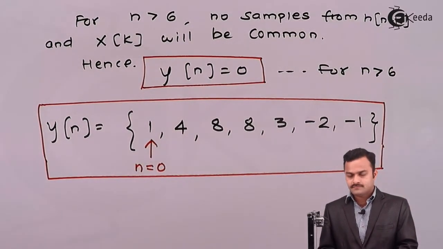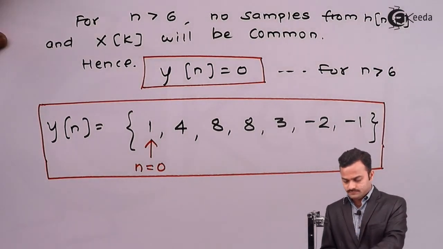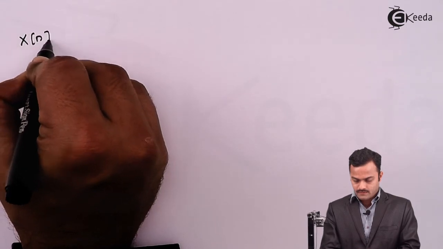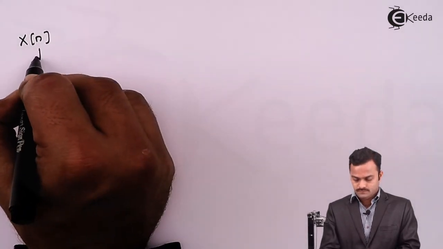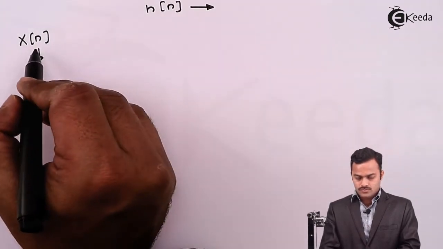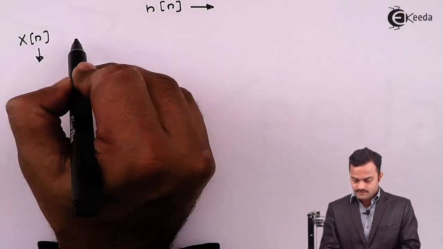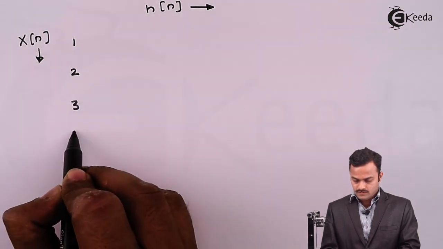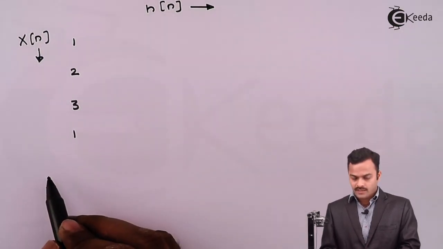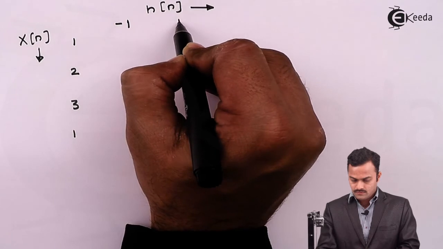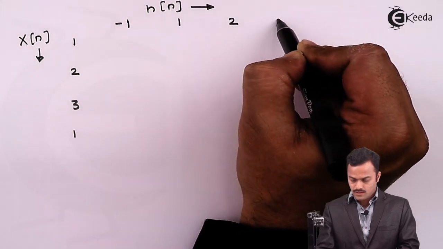Let's verify it with a matrix method. So what I will do, I will consider x of n in this column and h of n in this row. So x of n has 1, 2, 3 and 1, whereas h of n is -1, 1, 2 and 1.